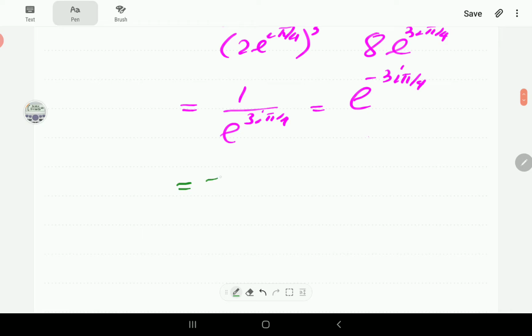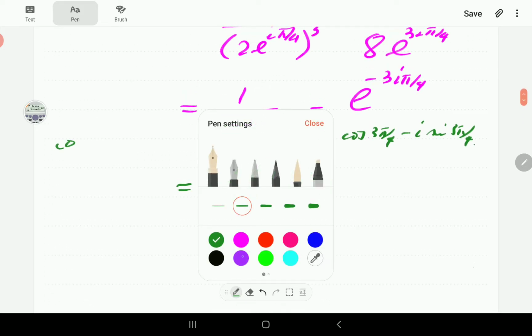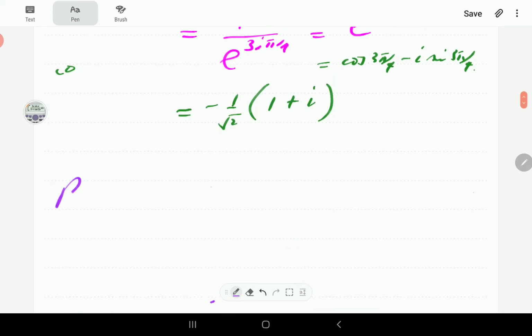So this is going to be minus 1 over root 2 times 1 plus i. You can actually confirm this, since this thing is the same as cosine 3 pi on 4 minus i sine 3 pi on 4. So that's the first one, and then the rest of them are going to go in exactly the same manner. It's just going to be different numbers.